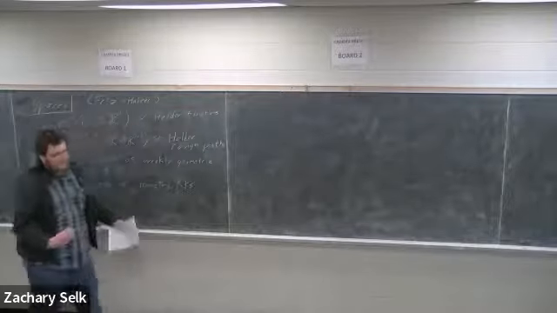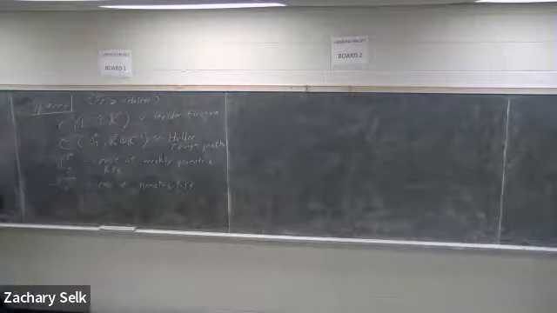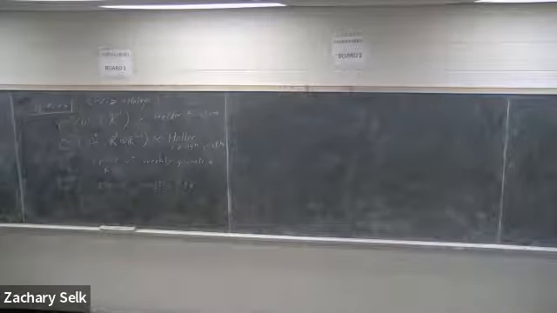I'm going to define what a geometric rough path is, and what a weakly geometric rough path is, but that is our goal. So let me start off with defining the space of geometric rough paths.